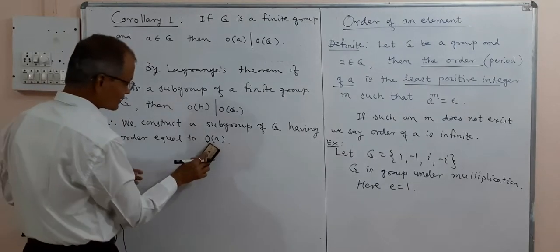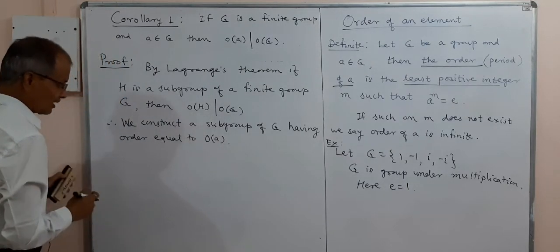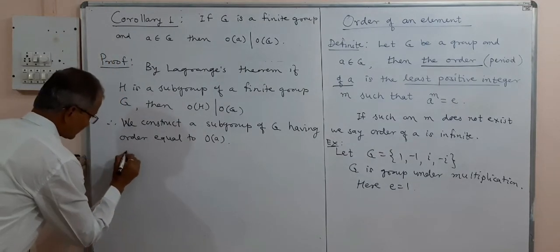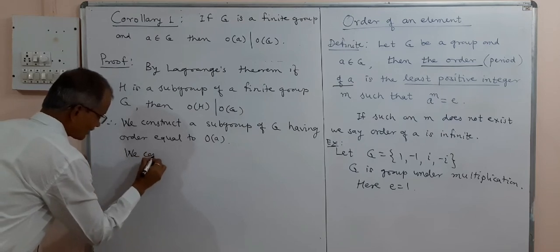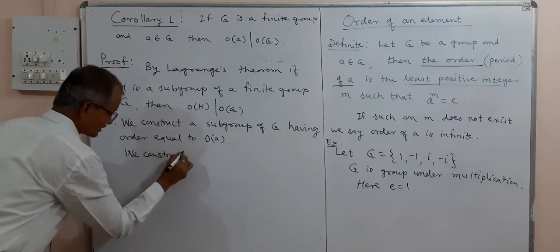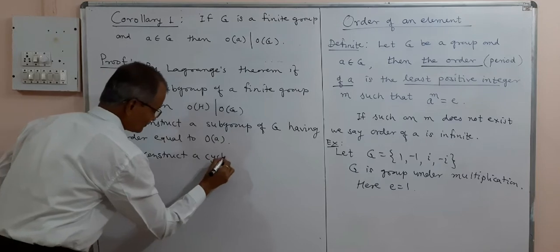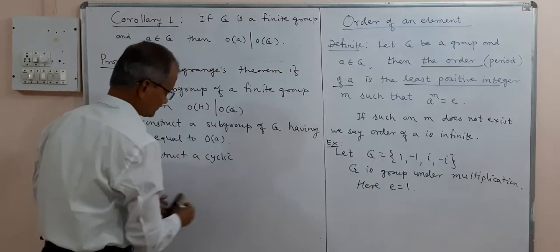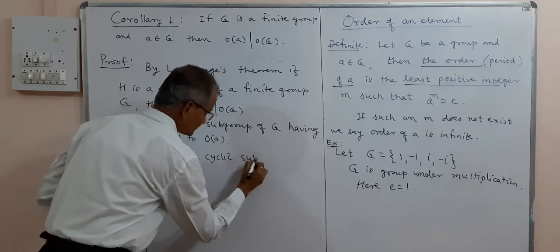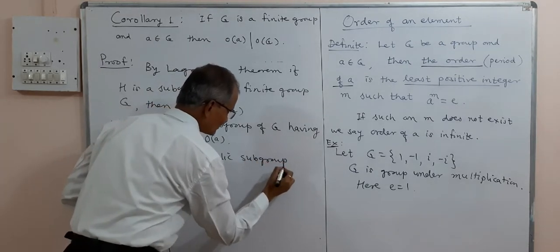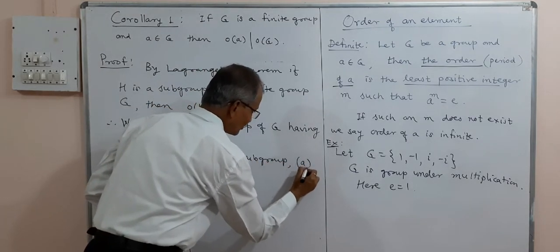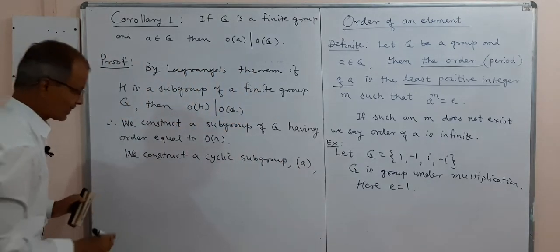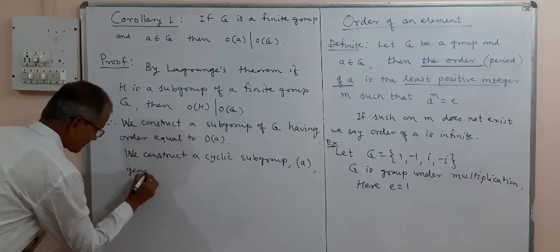So we shall construct a cyclic subgroup of G, which we denote by this symbol, generated by a.